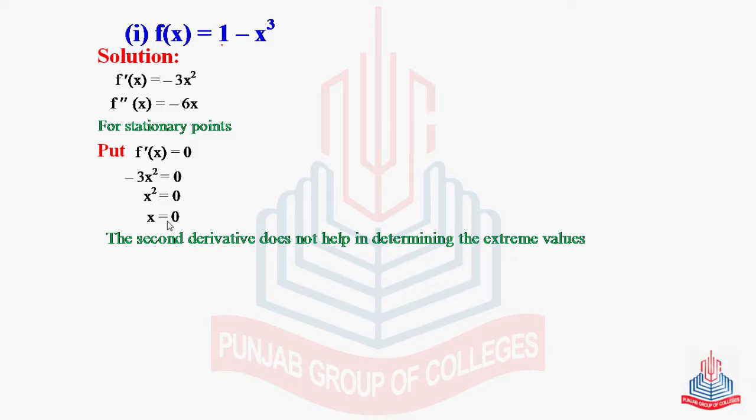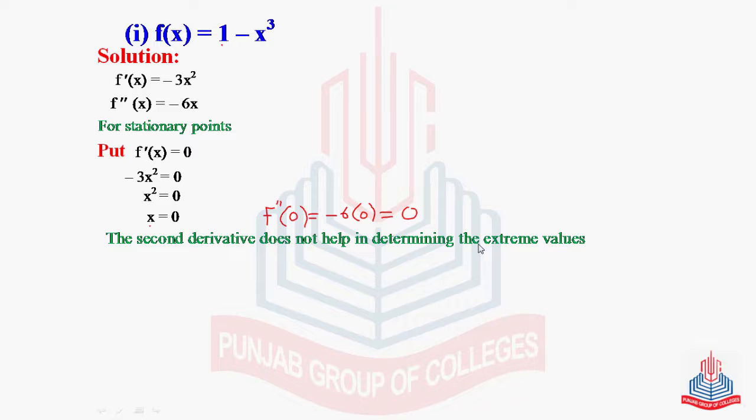We can verify that when we put x equal to 0 in our second derivative, f double dash at x equal to 0 becomes minus 6 into 0, which is 0. So that will not help in determining the extreme values.